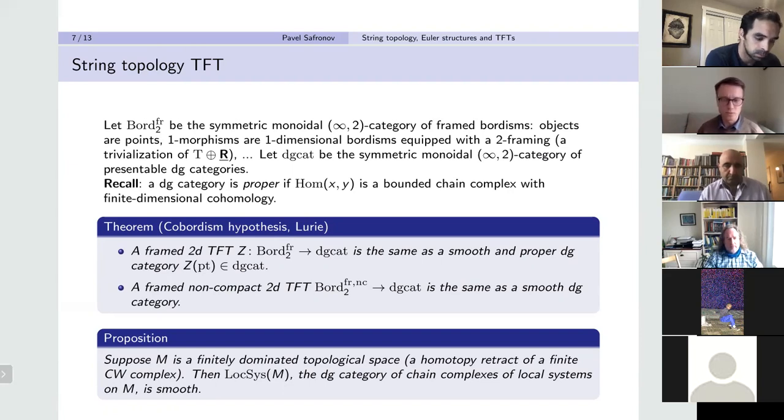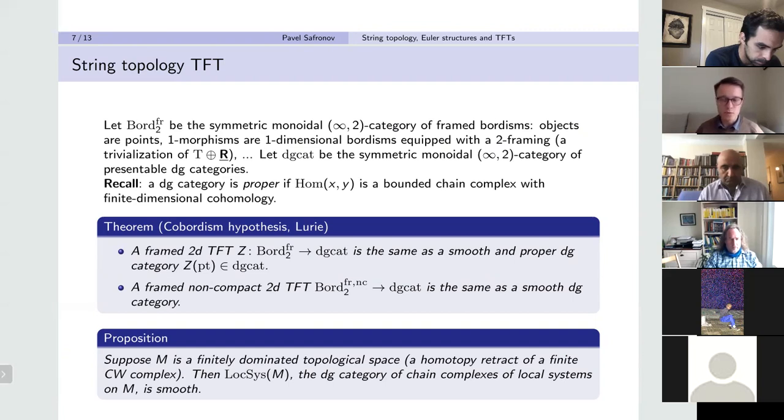The word presentable just roughly means it has all colimits. Smoothness is a certain finiteness condition. But there's no constraint on the length of the chain complexes. They're not bounded in either direction. There's no boundedness assumed here.